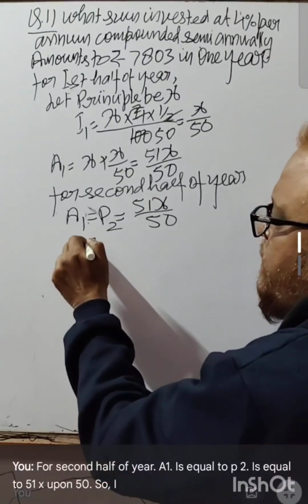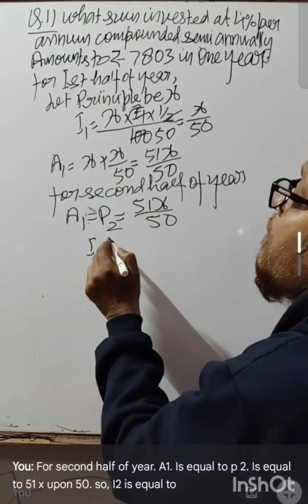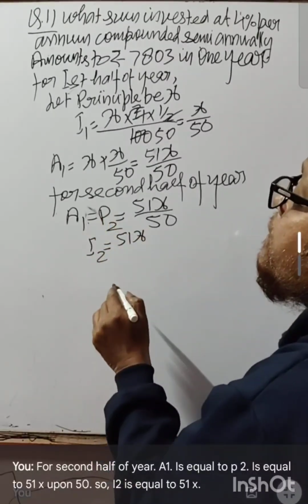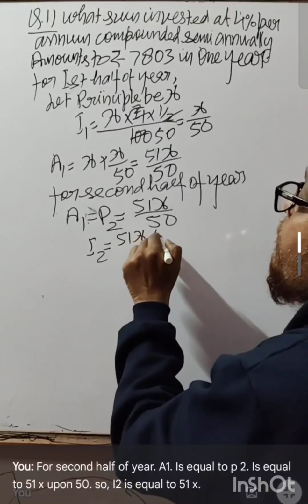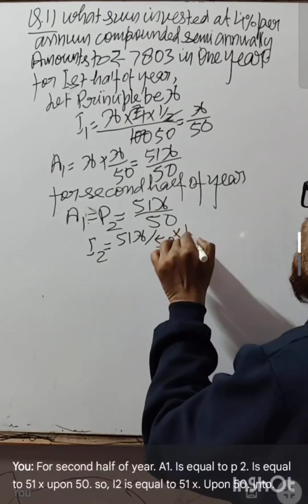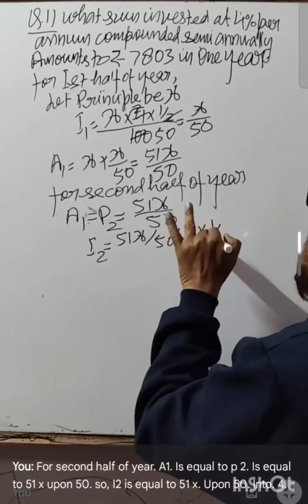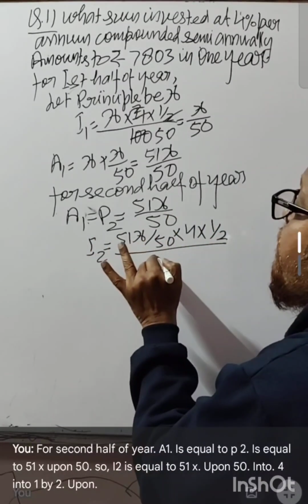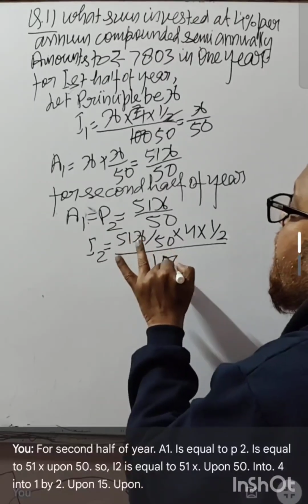So I2 is equal to 51X upon 50 into 4 into 1 by 2 upon 100.